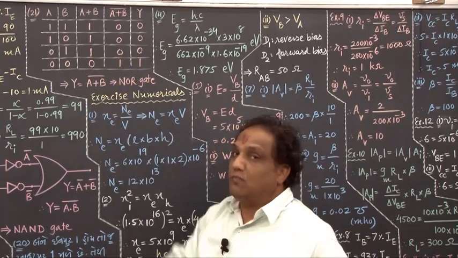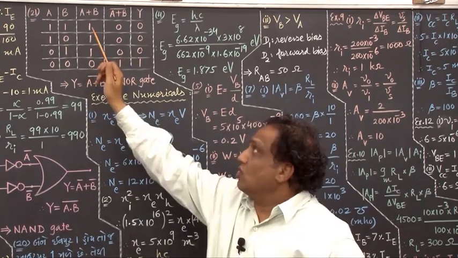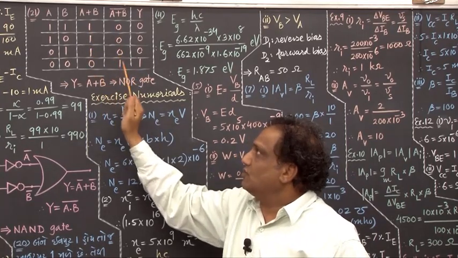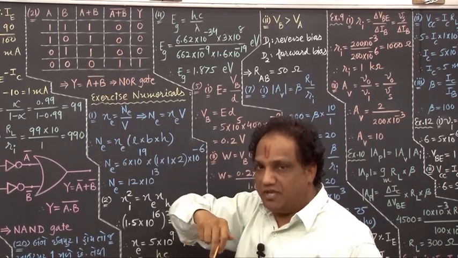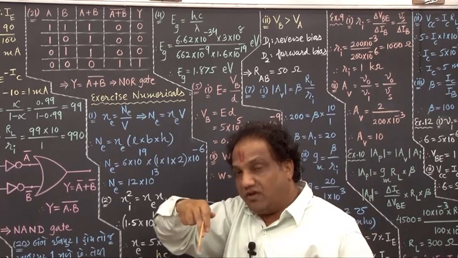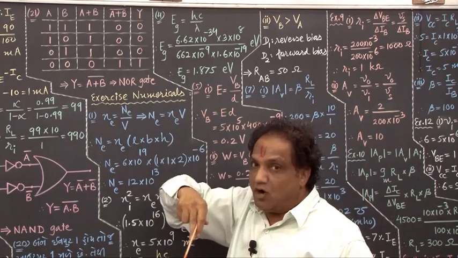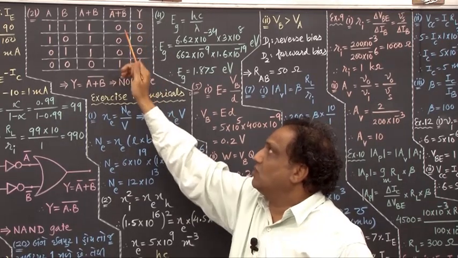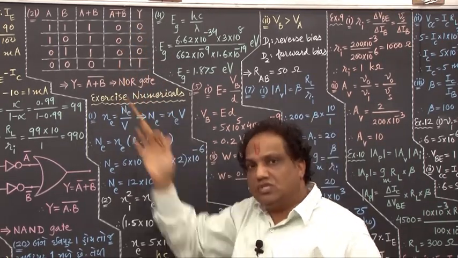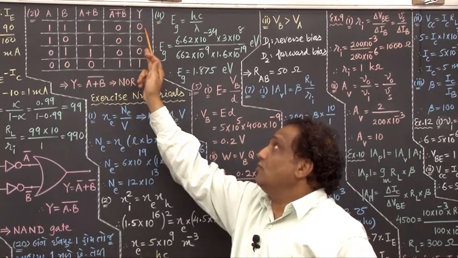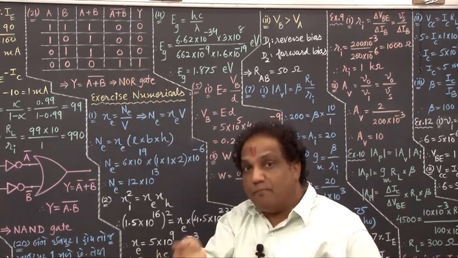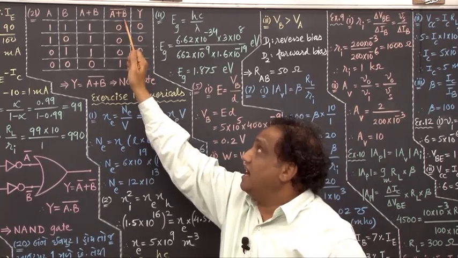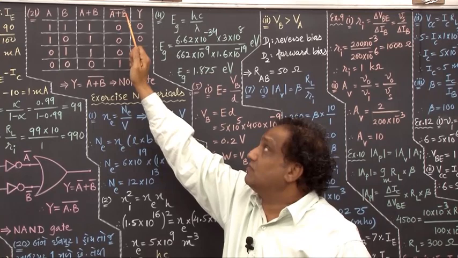But now you perform NOT operation on this. So NOT operation means instead of 1 we should write 0, and instead of 0 we should write 1. And now tell me, whatever output they have given as capital Y, that output is also 0 0 0 1. And here also we are getting 0 0 0 1. So what does it mean? That this output and this output are the same, meaning thereby the given gate must be behaving like that gate whose Boolean equation is this.